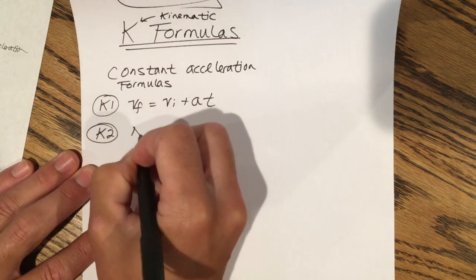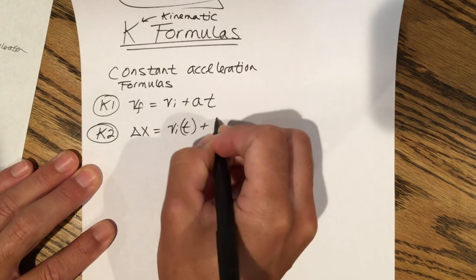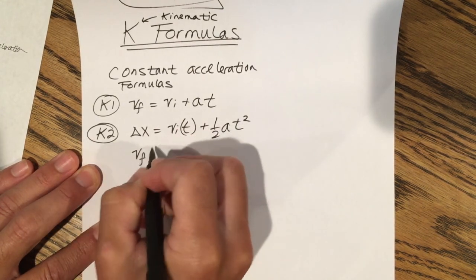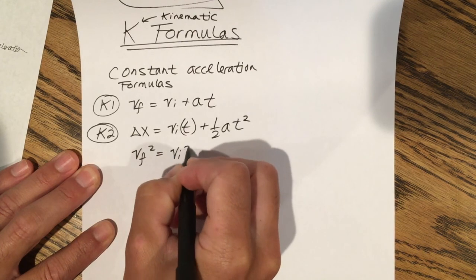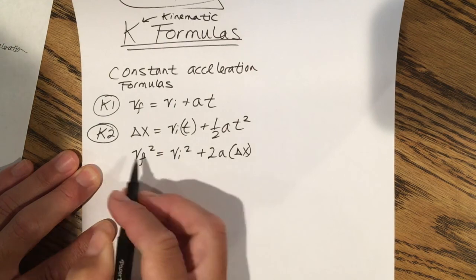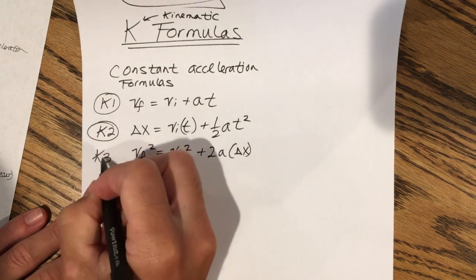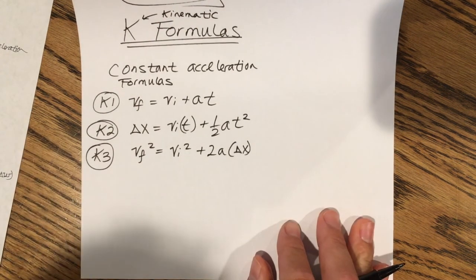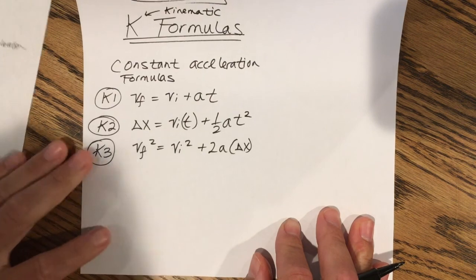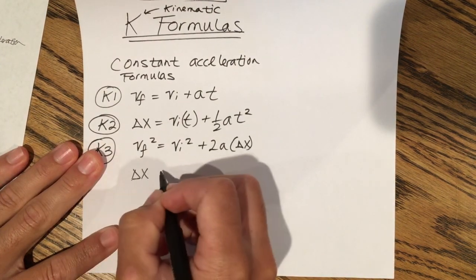K2, K3, just going to use delta x, could be y. But you get the idea, right? And yeah, I was trying to think if we should do K4 as well. K4 probably.